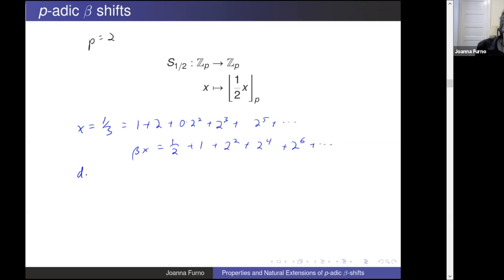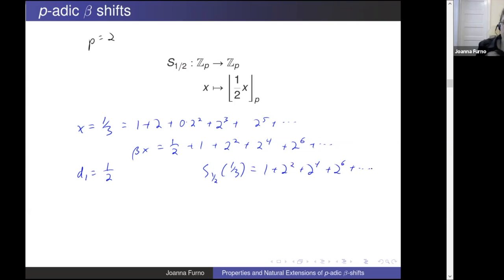Our first digit. Now our digits look like fractions, which is a little weird. But there you go, so that's our first digit. And our first iterate is going to be the integer part. So the 1 plus the 2 squared plus the 2 to the 4th, and so on.